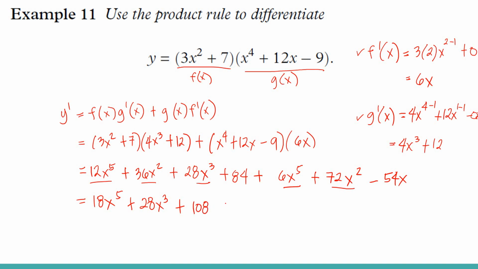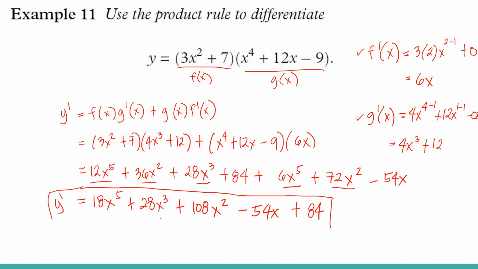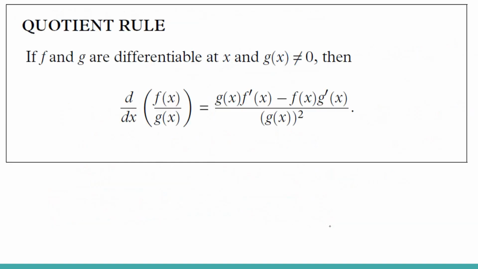Am I right? 108x squared minus 54x plus 84. So this is the y prime, or the derivative. Okay.